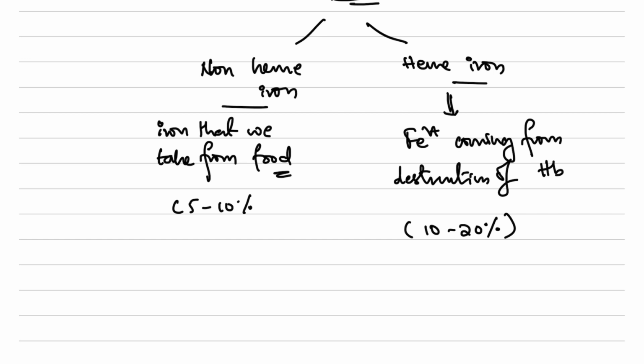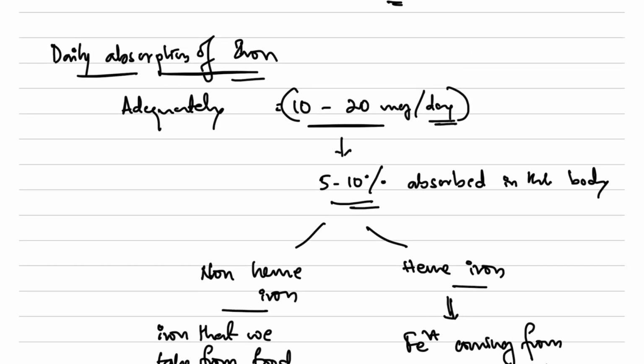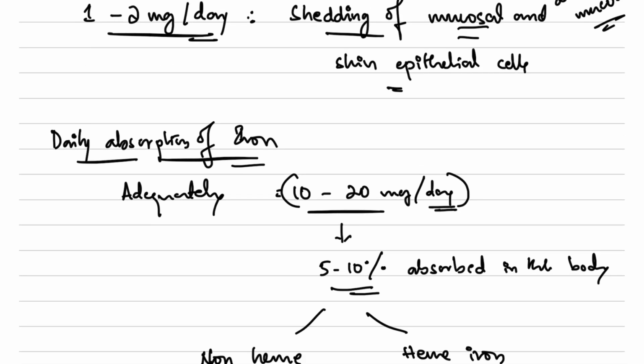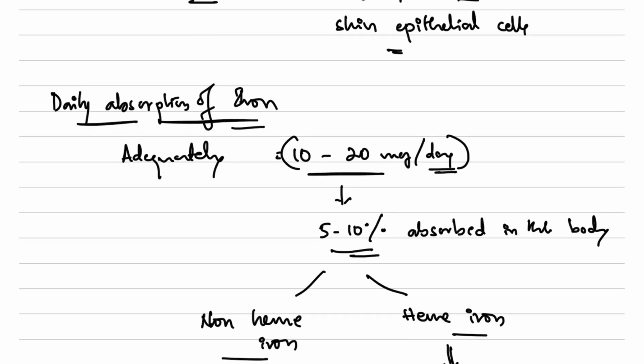So only 5 to 10% of non-heme iron is absorbed and 10 to 20% of heme iron is absorbed. Now when there is an intake of 10 to 20 mg per day of iron and excretion of only 1 to 2 mg per day, there should be no deficiency. But out of this 10 to 20 mg, 5 to 10% is only 1 to 2 mg. Now you are asking that when absorption is only 1 to 2 mg and loss is also 1 to 2 mg, there should be no deficiency.